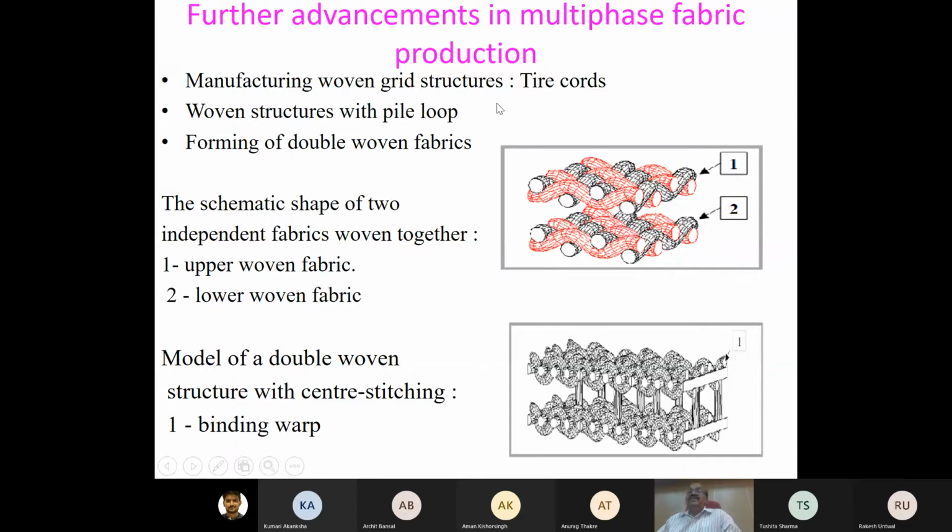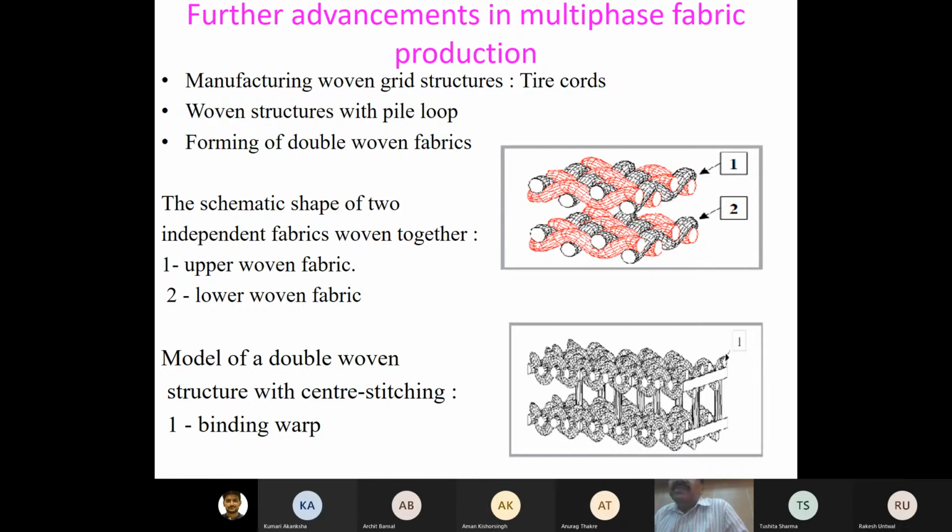And why is this technology used to make grid structure or tire cord? Because in grid structure or tire cord, the thread spacing is very low.